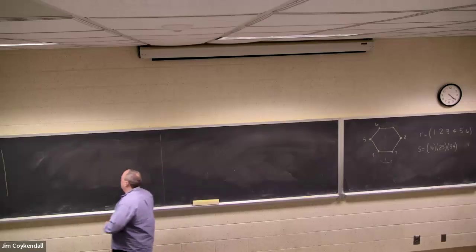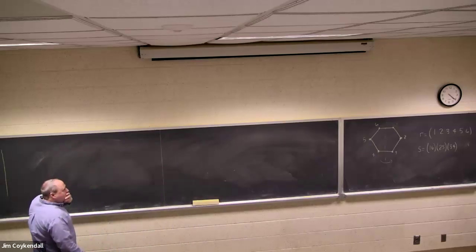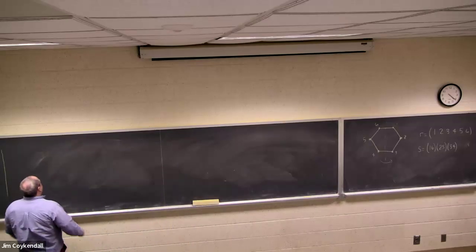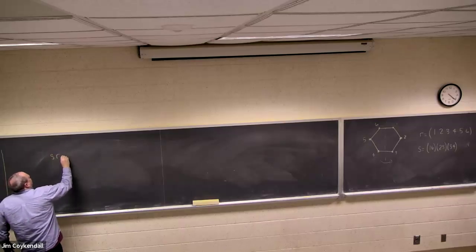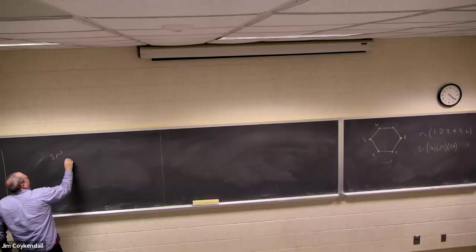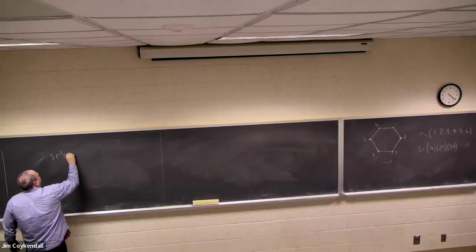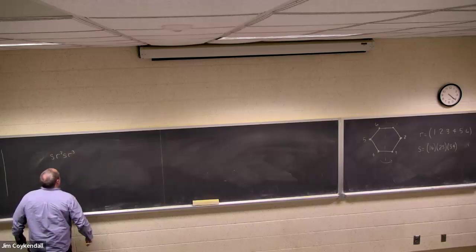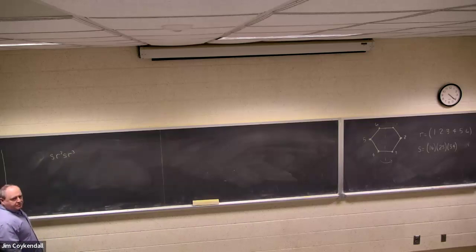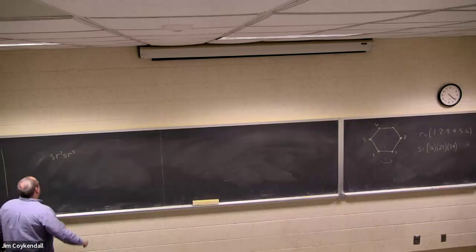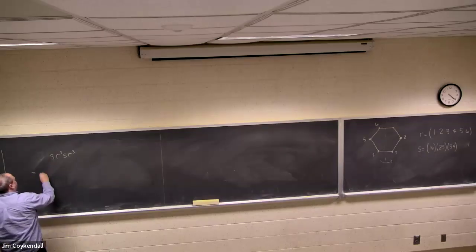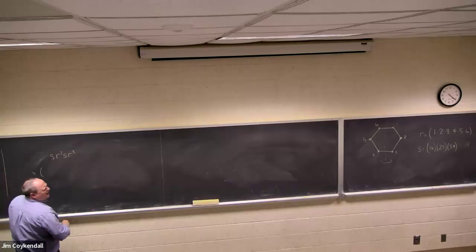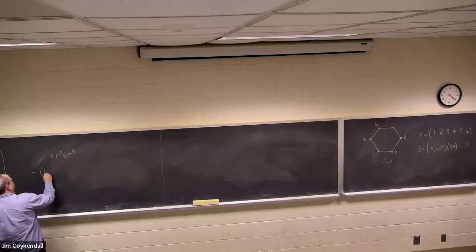Let me make something up here. If I had R S squared S R, right? Actually, this will help us practice. Let me do this computation. S is 1 6 2 5 4.